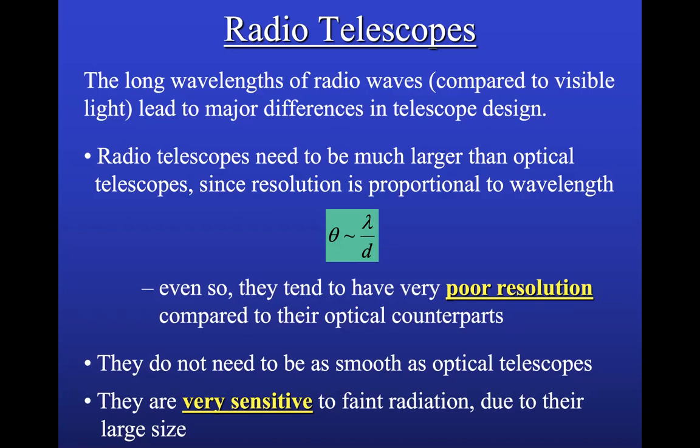To make the resolution smaller, you have to make d, the diameter of the telescope, very large compared to optical telescopes. This is why when you search for radio telescopes they seem to be very large compared to optical telescopes, and they are very sensitive to faint radiation due to their larger size.